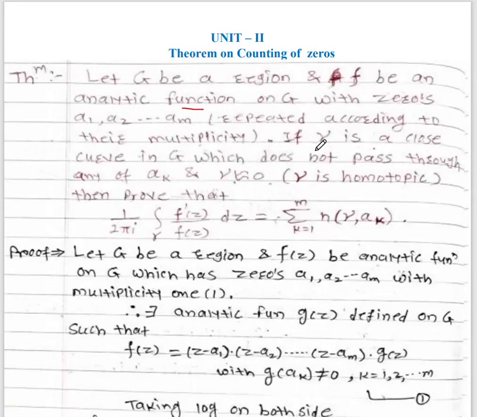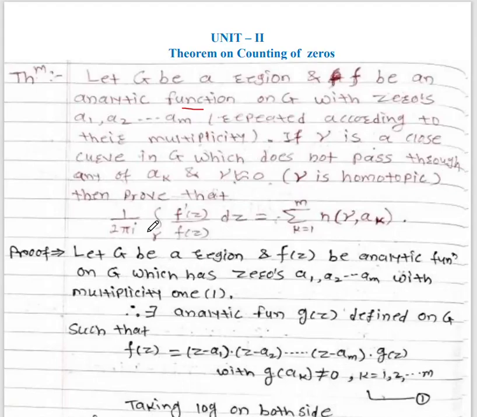If gamma is a closed curve in region G which does not pass through any of the ak, and gamma is homotopic to 0, then 1 upon 2 pi i integral over gamma f'(z) upon f(z) dz equals the summation k equal to 1 to m of the index of the closed curve gamma at the point ak. Okay, so this is the statement of the counting of zeros theorem.